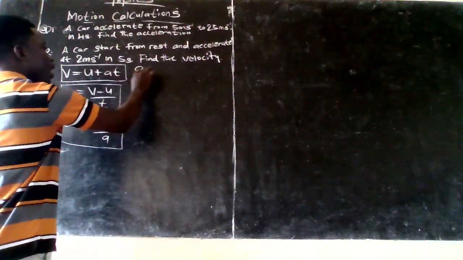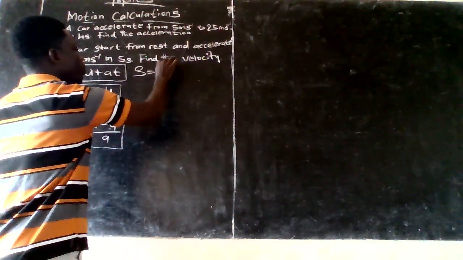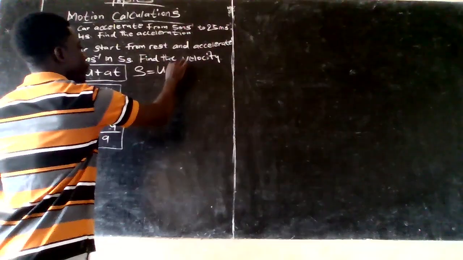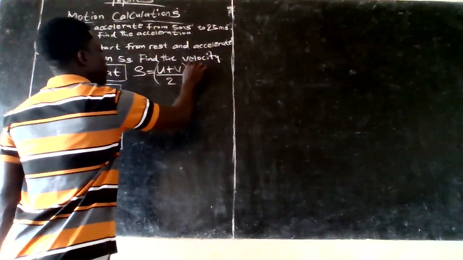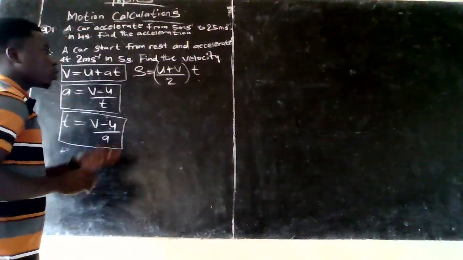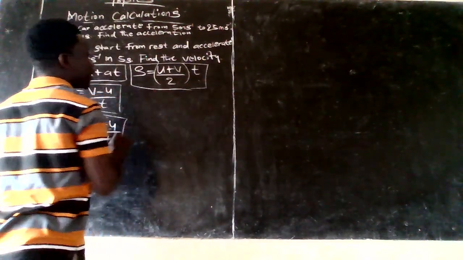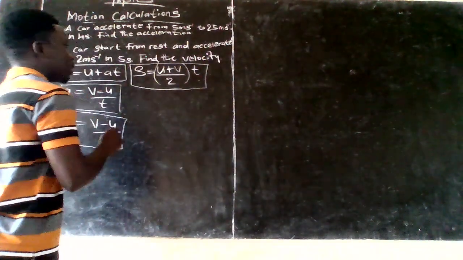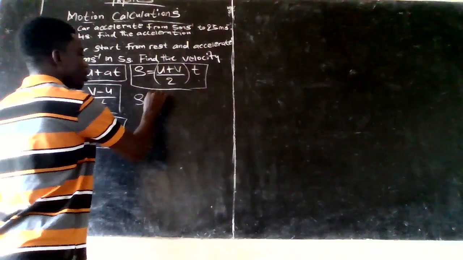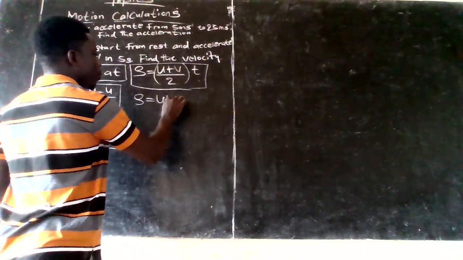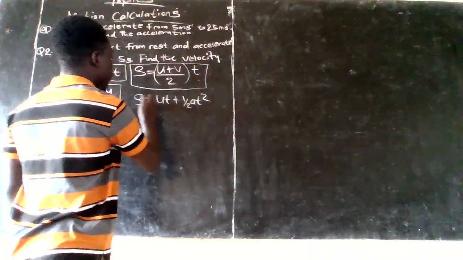Then here, S equals U plus V over 2 times T. You also use this equation to find distance. And also S equals UT plus half AT squared.